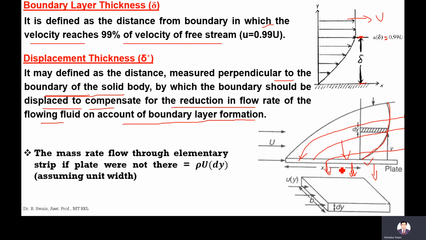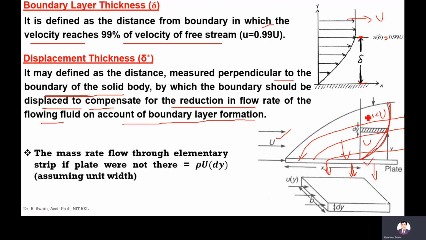So if there is no plate, no boundary, then flow velocity must be U everywhere, the same flow velocity. But here, due to this boundary surface, there will be boundary layer and retardation, and the velocity will be less than the free stream velocity U, which it would be if there were no plate.